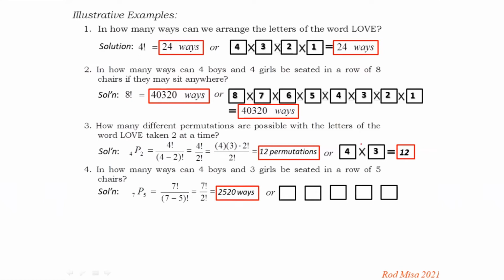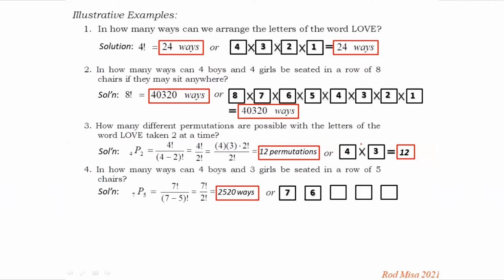But we can still use our fundamental principle of counting by creating 5 boxes here. And the 5 boxes represent the 5 chairs because we will be sitting 5 students at a time. So out of the 7 students, we can have any of the 7 students for the first chair. And in the second chair, I am left with 6 students because one of them has seated already in the first chair.